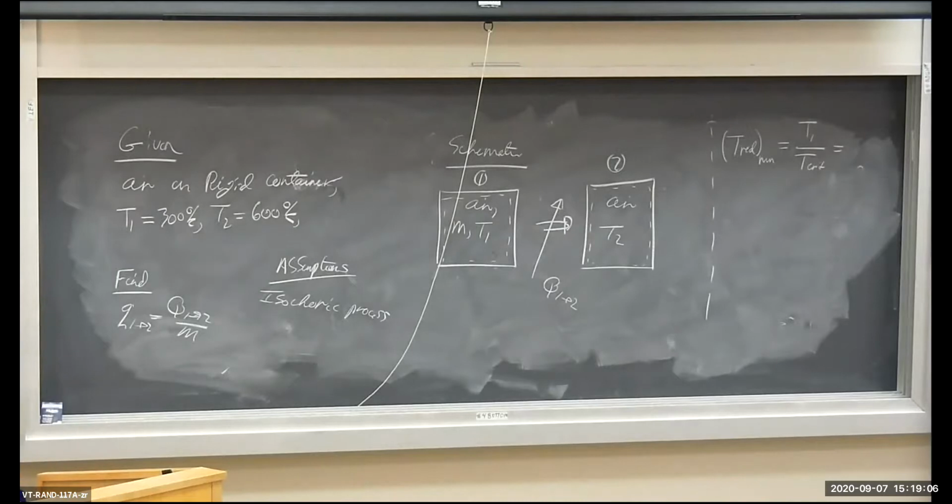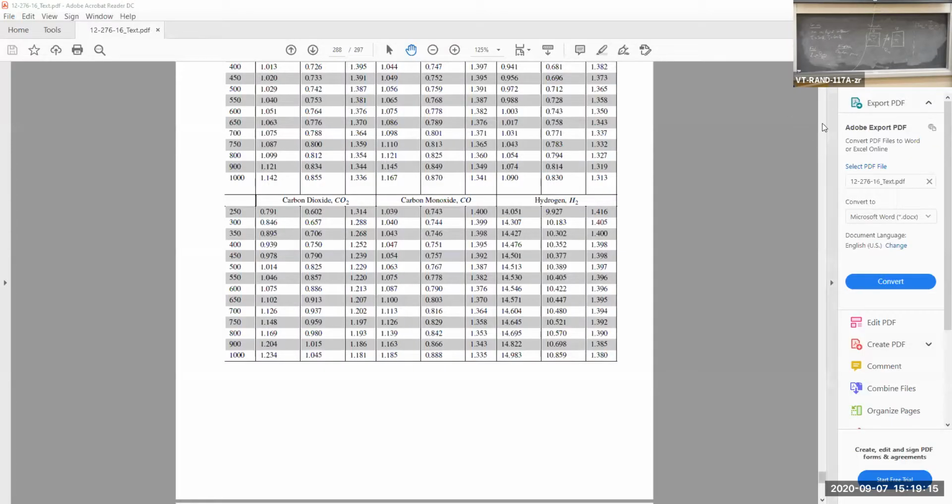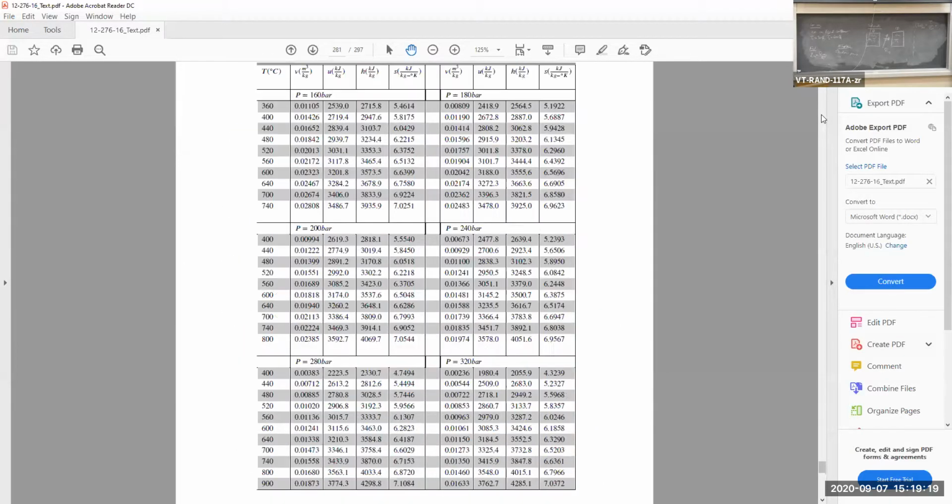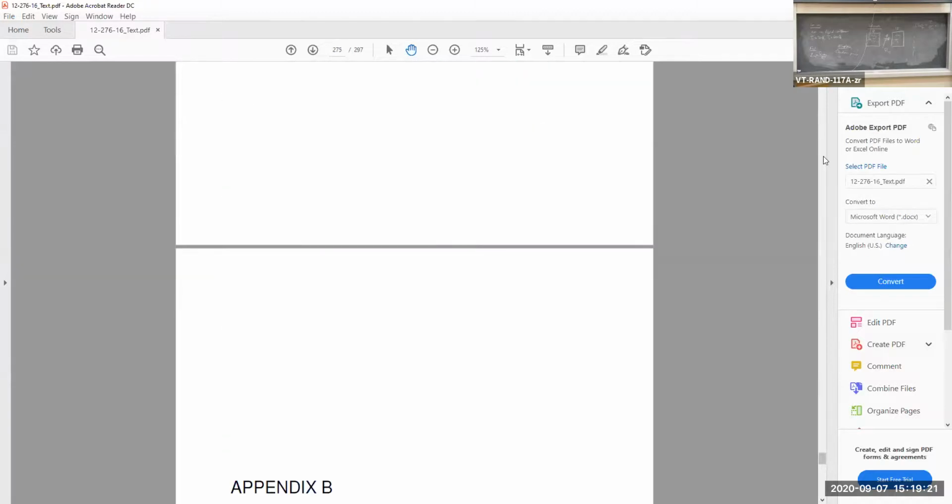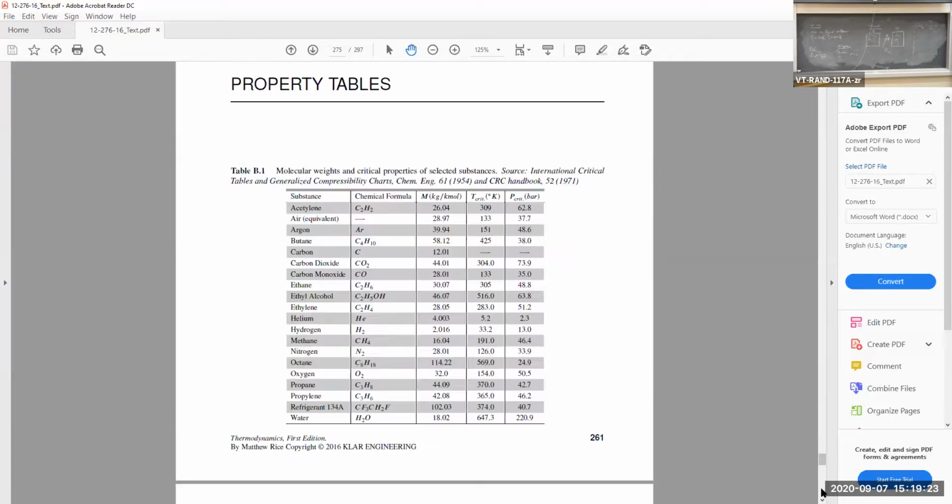So what's the critical temperature for air? For air, it's 133 Kelvin.